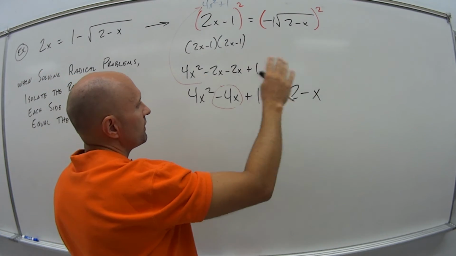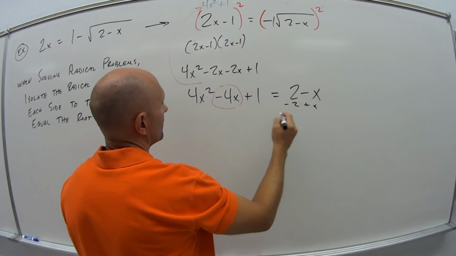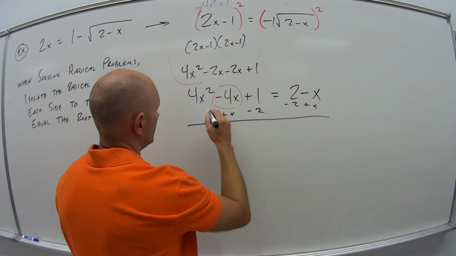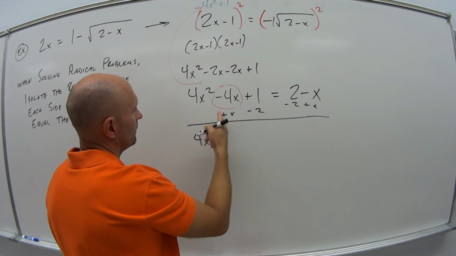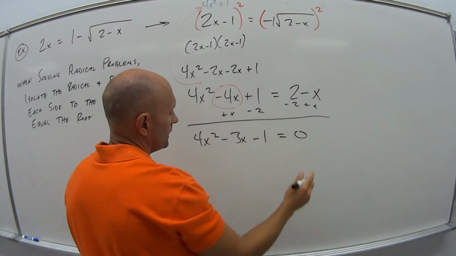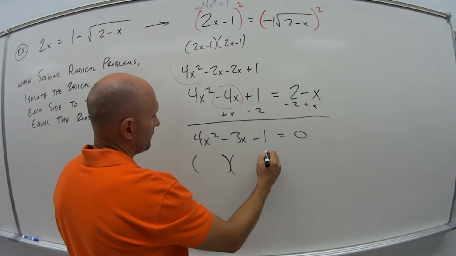So now let's move everything over, solve this quadratic. I'm going to subtract 2 and add x to both sides. So subtract 2, add x. So I get 4x squared minus 3x minus 1 equals 0. We can factor this.